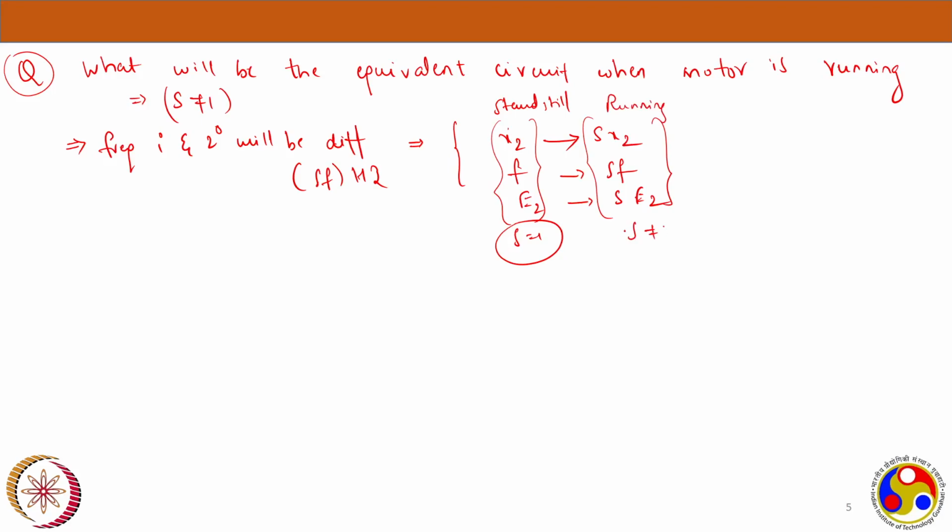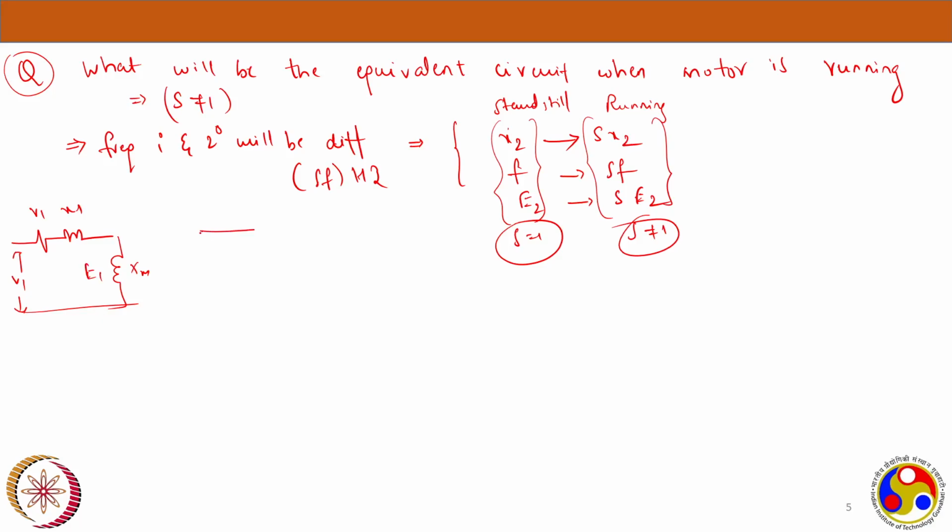Now S is not equal to 1 in this condition, right? Now if this condition exists, how will my secondary look like? I would just draw the stator. There won't be any change in the stator. So it will be the XM. This is R1 and X1, and E1 is induced here.